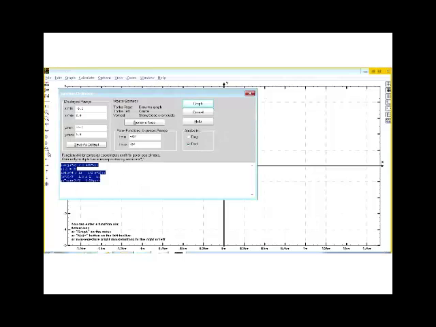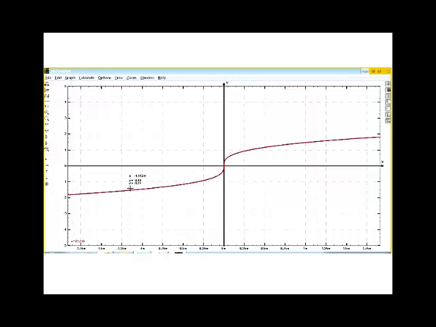So the function is x to the 1/3, same as the cube root. And we're going from -6 to +6, so we'll graph that. So there it is.